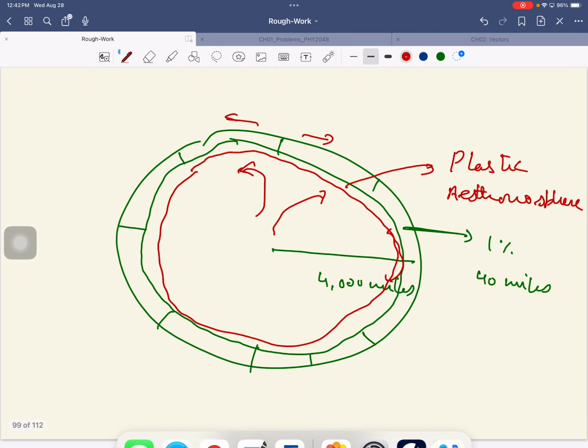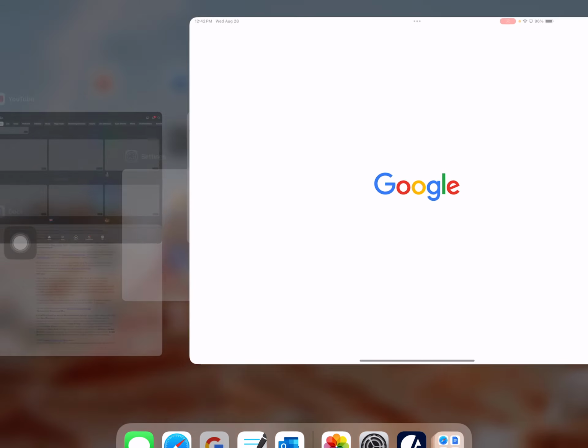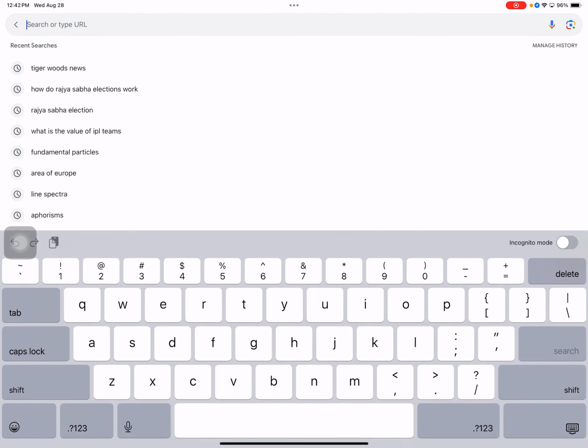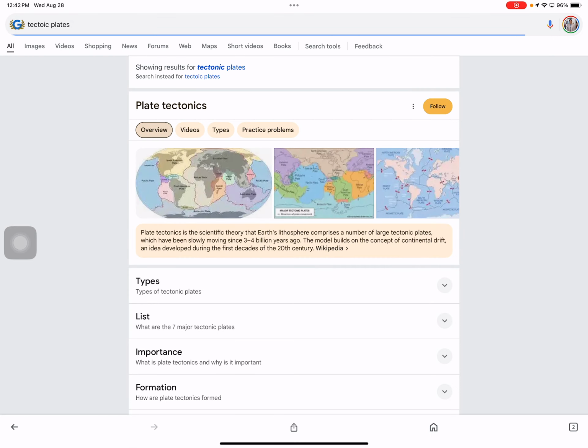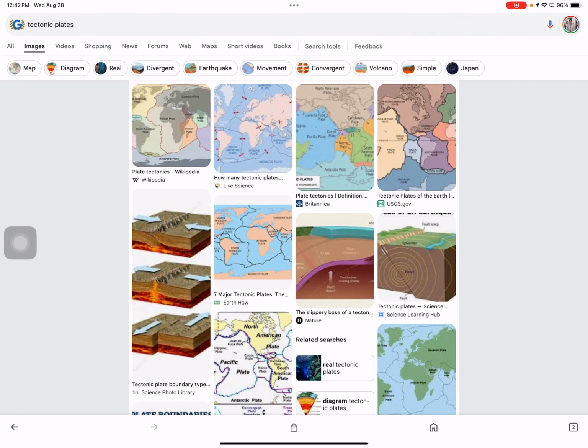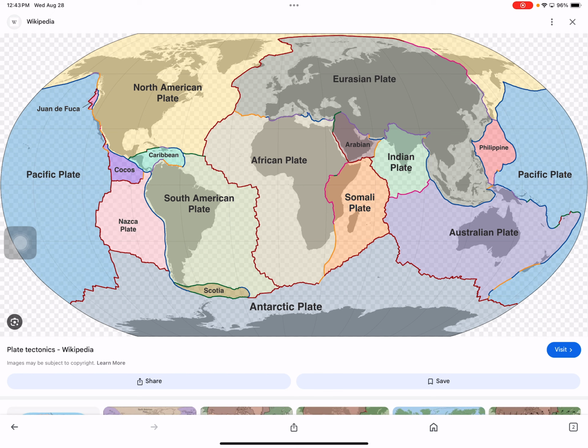So to get a sense for the size of the plates, so there are the large plates. Okay? So those are all the plates.